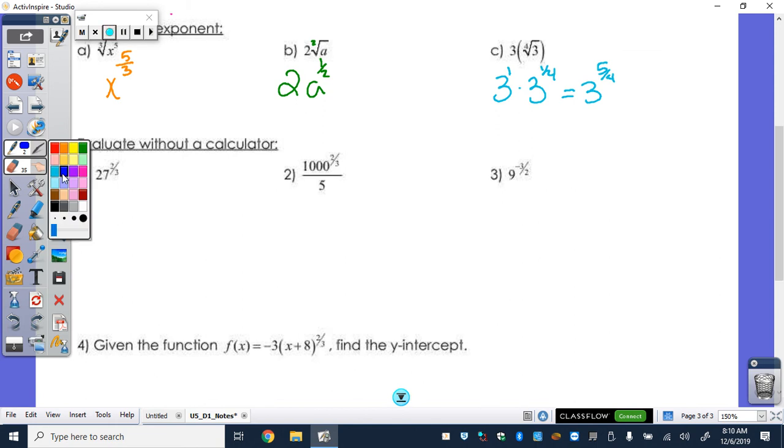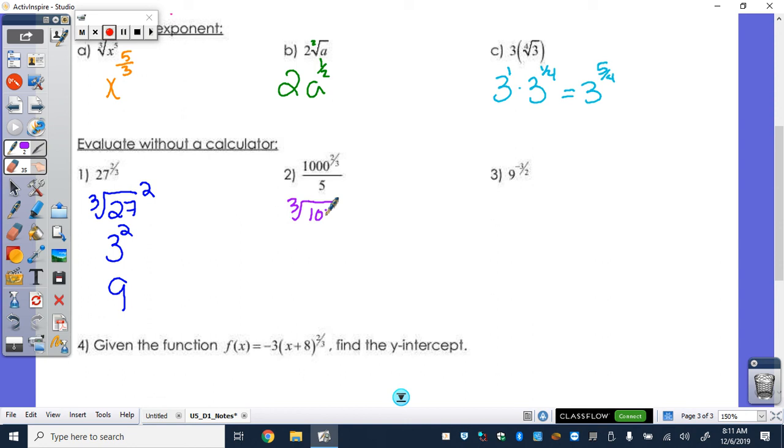So these ones we're going to actually evaluate. So cube root of 27 squared. Cube root of 27 would be 3. So then 3 squared gives me 9. Here we got the cube root of 1,000 and then squared all over 5.